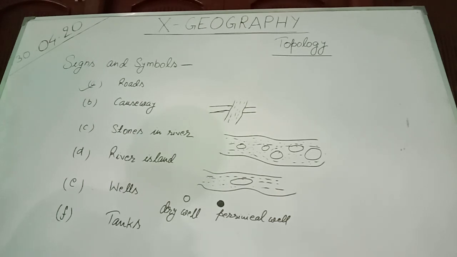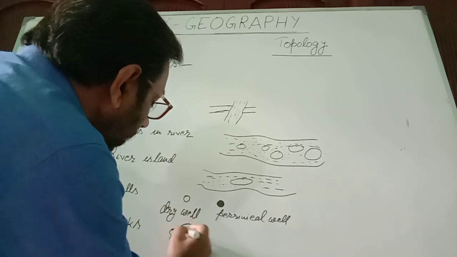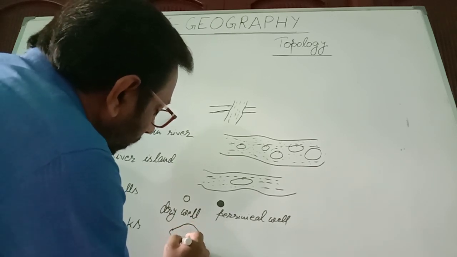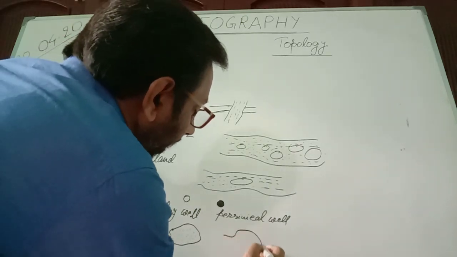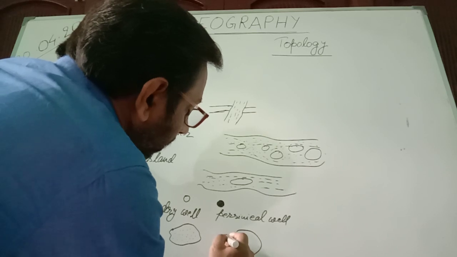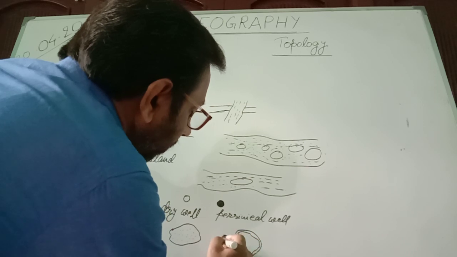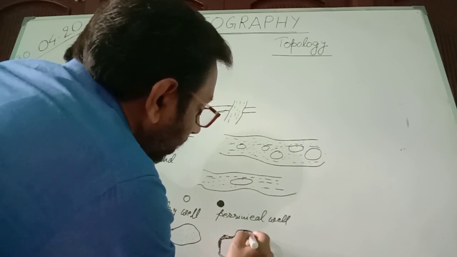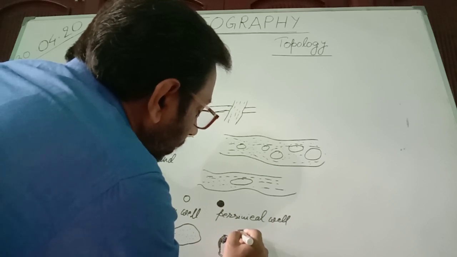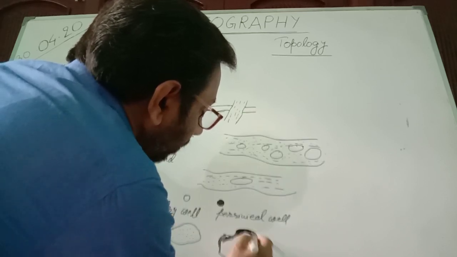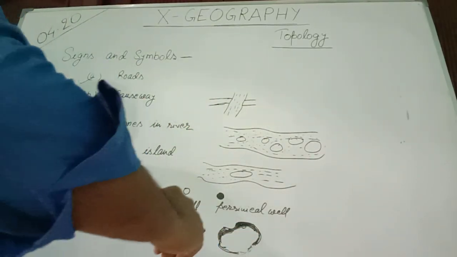Now we come to the tanks. There are two kinds of tanks. In one tank you will find these sand particles, and in the other kind of tank the complete tank will remain shaded in blue color.